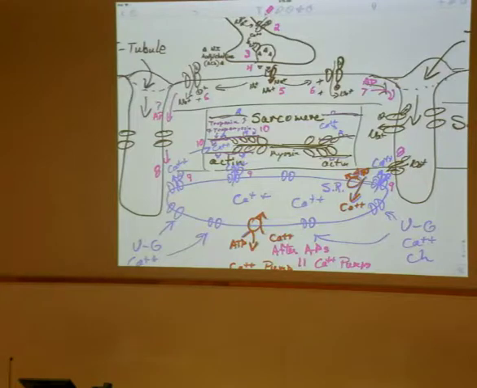So the question is, how organized are the sarcomeres in relation to the T-tubules and sarcoplasmic reticulum? So if we had a muscle cell across the front of this room, what you would see is sarcomere attached to sarcomere attached to sarcomere all the way along. And T-tubules would be going in between some of the sarcomeres.